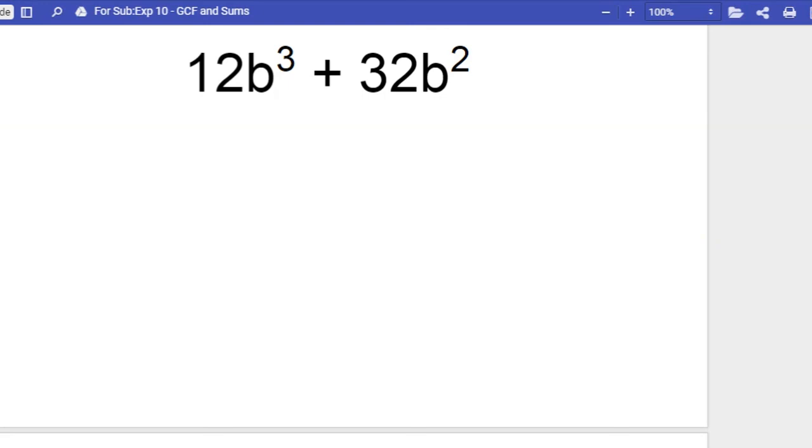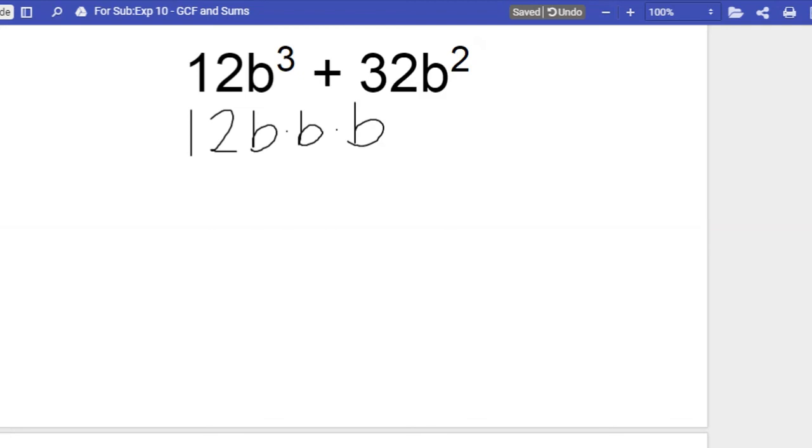Okay, so let's see what you got. Oh, actually, before I even draw my ladder, I want to write out my variables. So this is 12B times B times B, right?